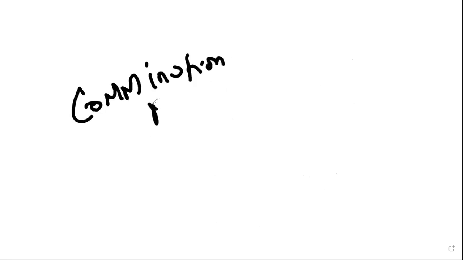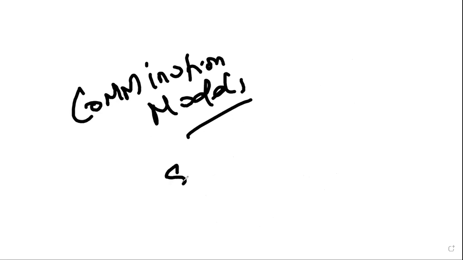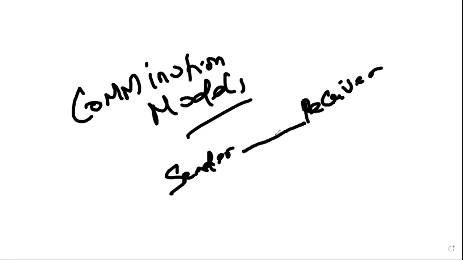So how important it is for you to select your communication method, you need to select your communication models. The communication model should have a sender. They'll be using a medium, and the sender will formulate his message and send it to a receiver.